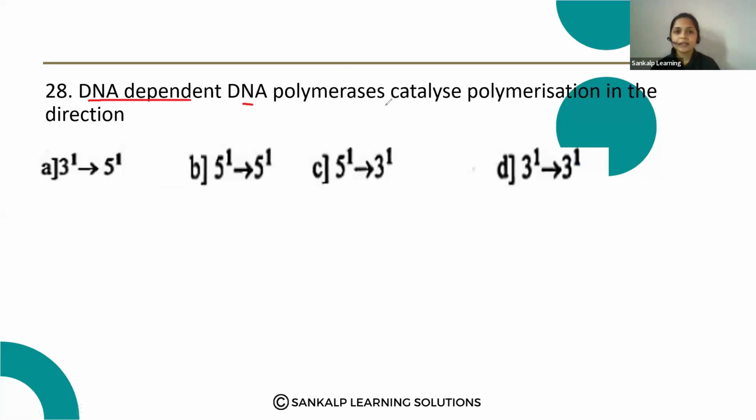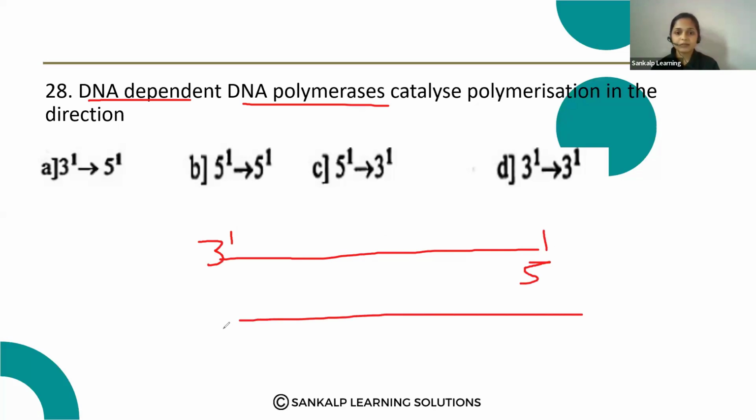DNA-dependent DNA polymerase catalyzes the polymerization in which direction? Look, there are two DNA strands. One strand has the 3 prime to 5 prime direction, and the other has the 5 prime to 3 prime direction.